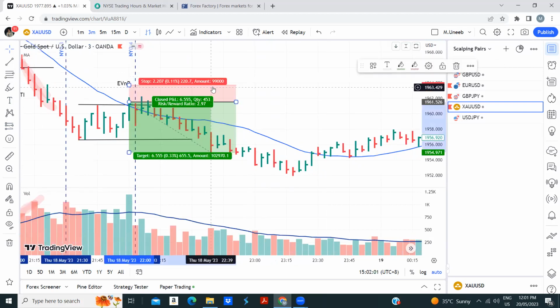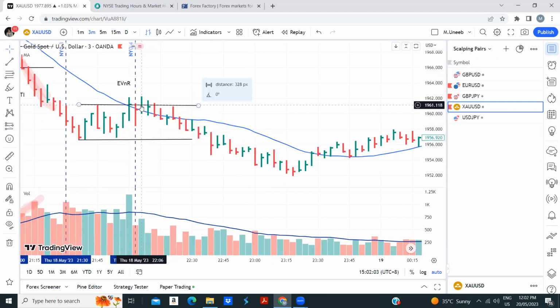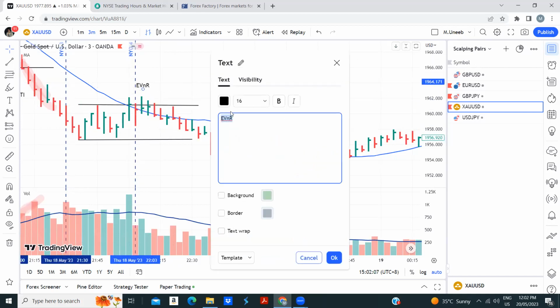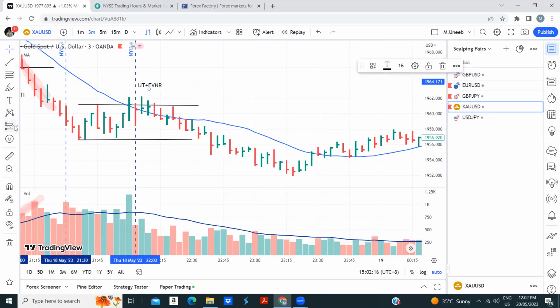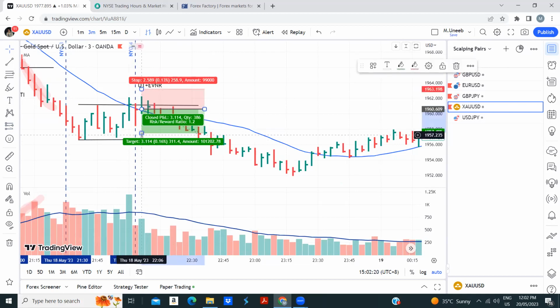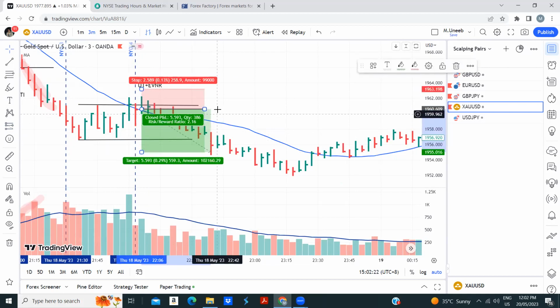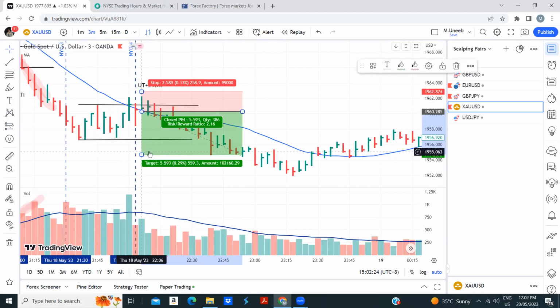And if you miss this entry, then here we have another EVNR and an upthrust, UT plus EVNR, another entry if we missed the first entry. Again, 2R. Got it? Simple.